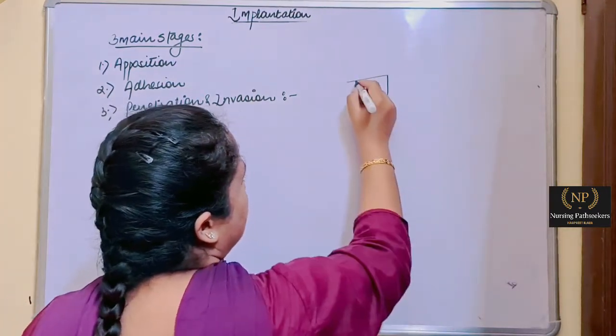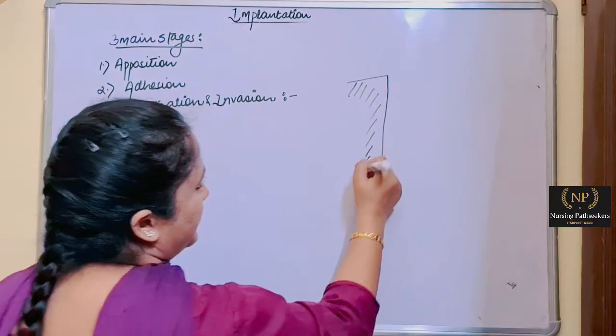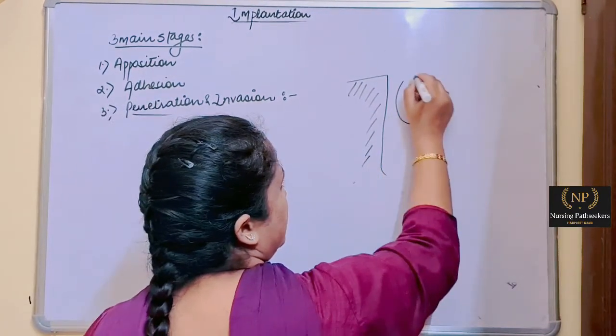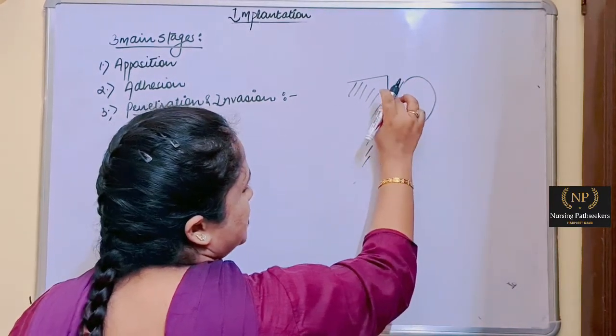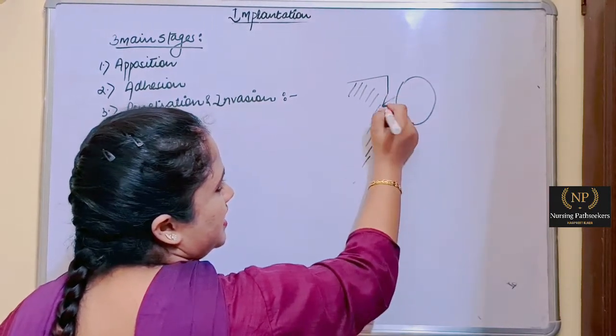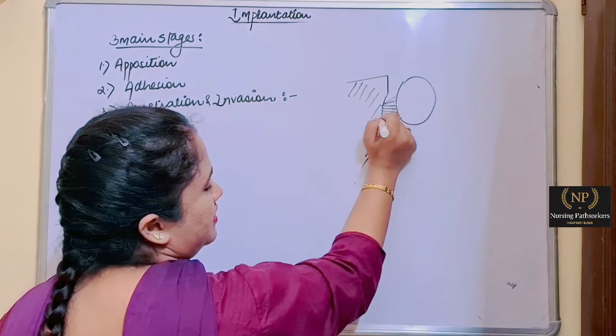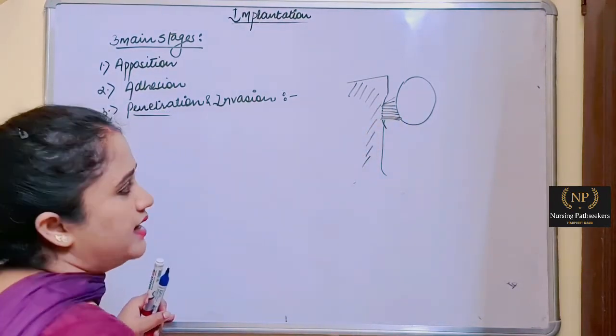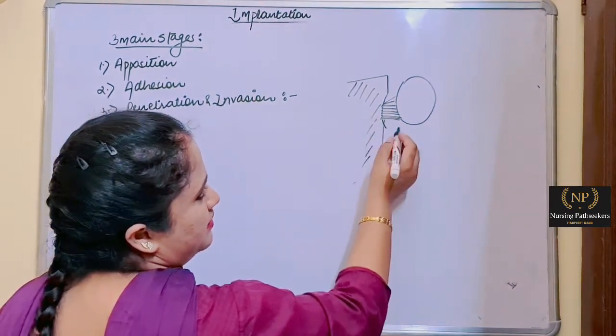Initially what happened? This was the endometrial lining and this was the blastocyst, and this was the point from where the blastocyst has to enter inside the endometrial lining, has to penetrate inside the endometrial lining.